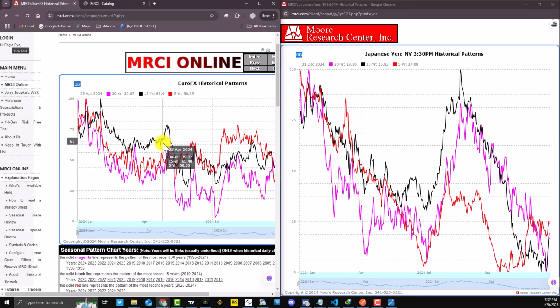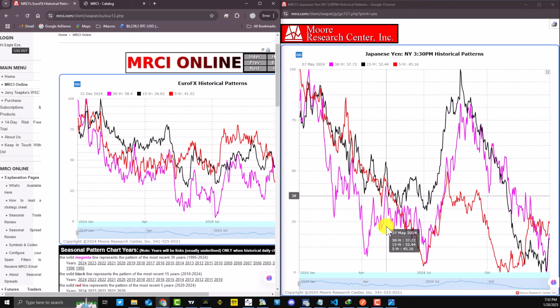And the yen has been dropping for the same time period. So you should expect your euro yen to rally if the chart is giving you enough confirmation for bullishness.